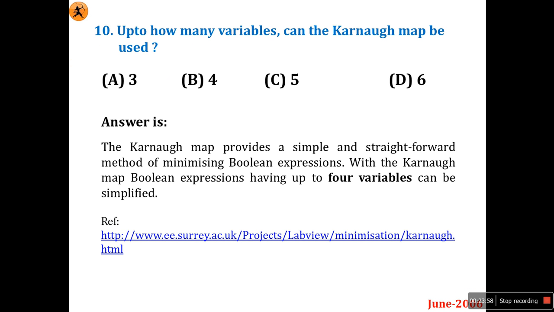Actually, you may use a 2 variable K-map, 3 variable, or 4 variable. Sometimes it may use 6 variables, but for this question you use 4 variables. So the answer is B. If you want more about this K-map, just go through this link. Okay, so the answer is B.